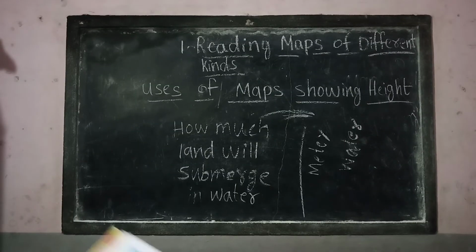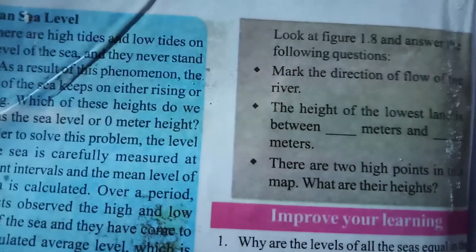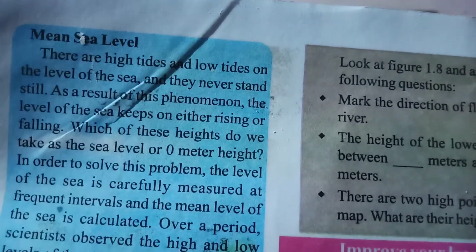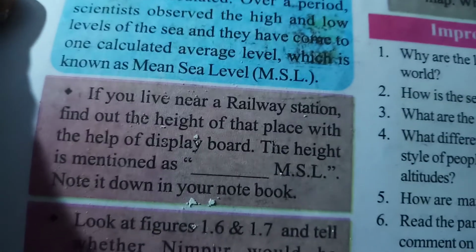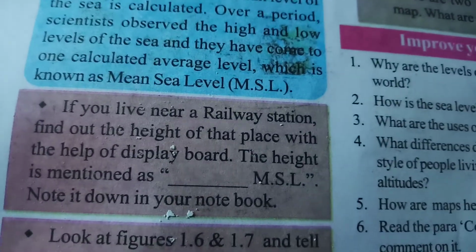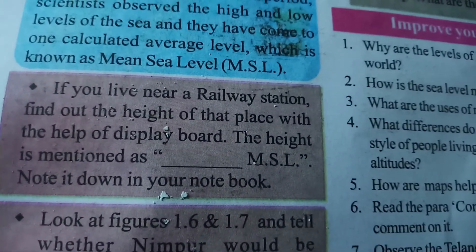Okay students, you have to see the questions, and this is our homework. Other students, learn more about mean sea level. Clear? Now about the railway station bridge, these are high order thinking type questions, so you have to think about these questions.